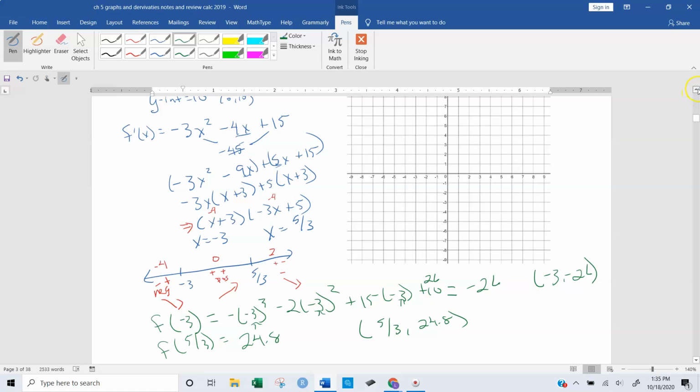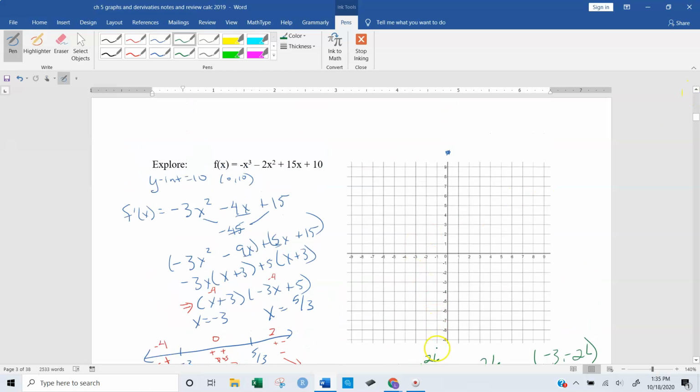Let's go back up here. So now we have negative 3, negative 26, and 5/3, so 1 2/3, and way up here to your 24.8. We've got our y-intercept here.